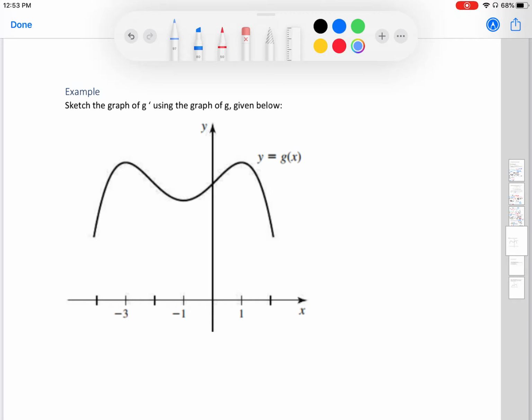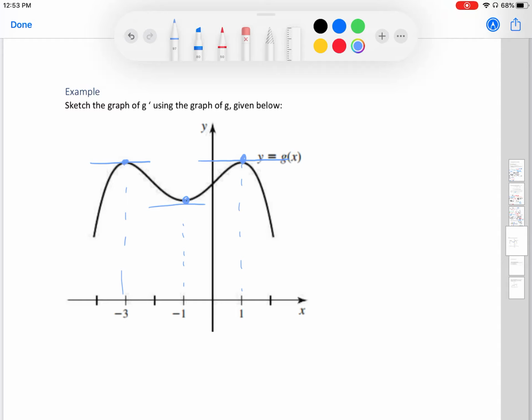So we have these peaks here. This peak kind of looks like it's at 1, right? This peak here, and this peak here. That's where our line is equal to 0.